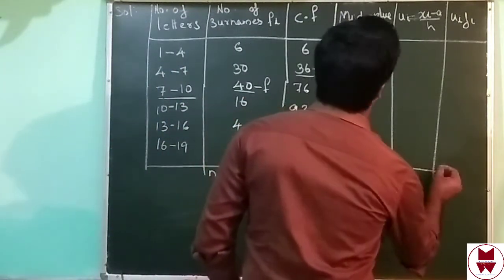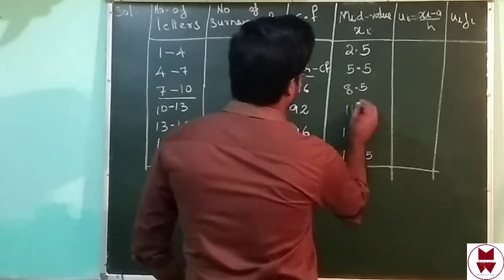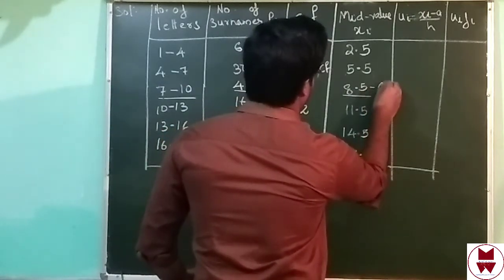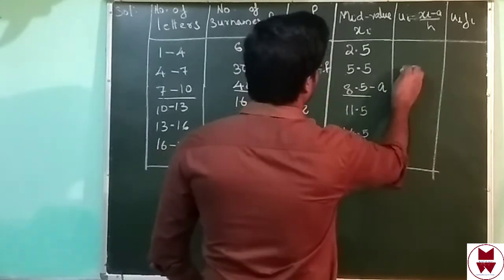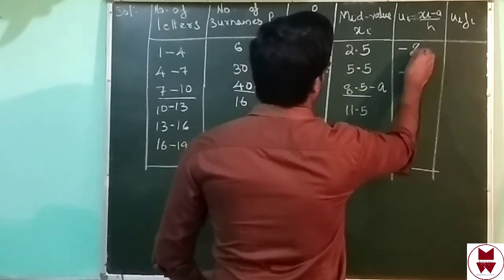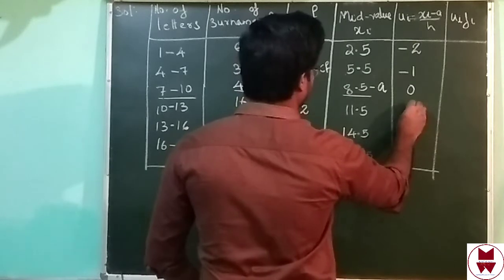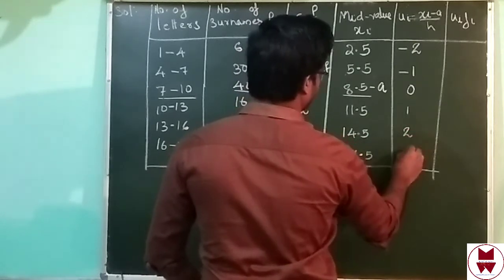Then ui, we can take any number like assumed mean A. Shortcut method, in here 0, this will be minus 1, upside minus 2. Then downside part 1, 2, 3.